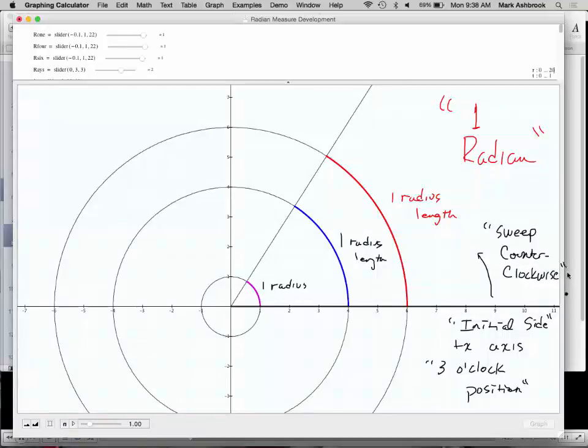This is what your book will have. You're going to start from an initial side, which is the positive x-axis, or the 3 o'clock position. We're going to sweep counterclockwise, and then this is going to be the terminal side, or the terminal ray, of the angle.